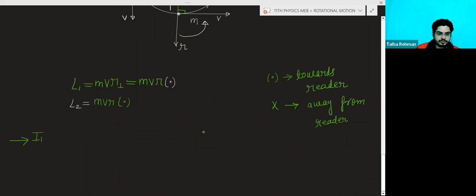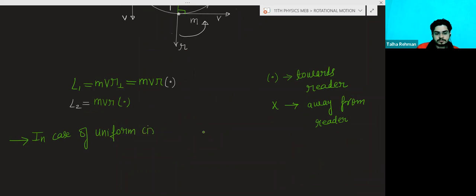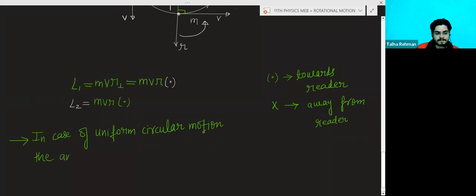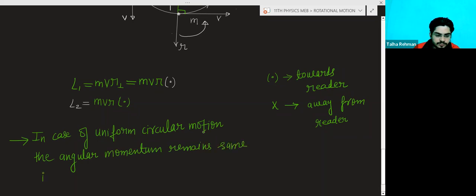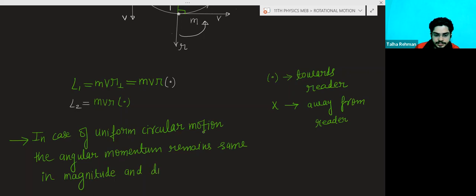So you can write, in case of uniform circular motion, the angular momentum remains the same in magnitude and direction.